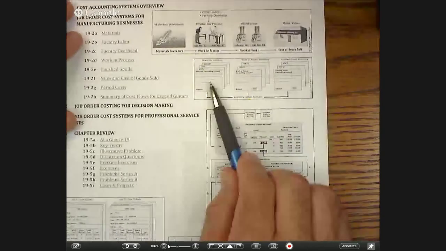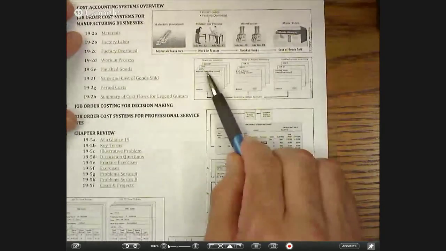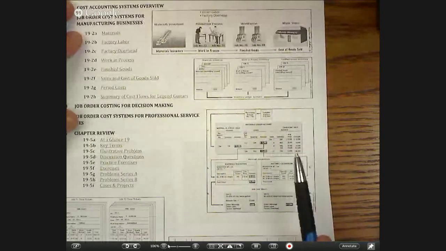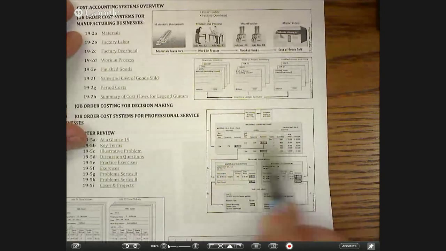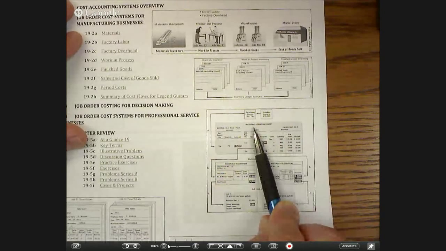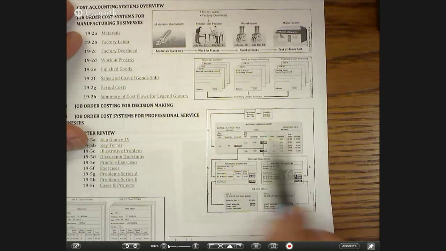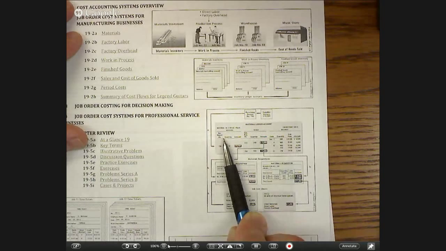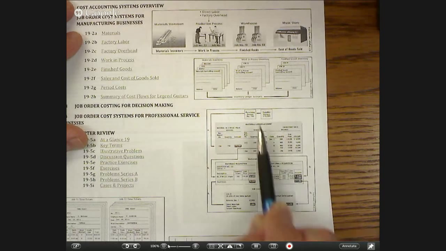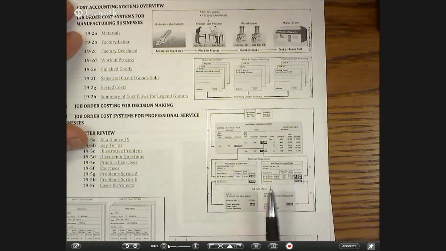The raw materials cards, in this case for maple, oak, and hickory, would be shown in a materials ledger subsidiary account. Each different raw material would have its own ledger card showing increases, decreases, and the balance. And you can think of this as a big T account.